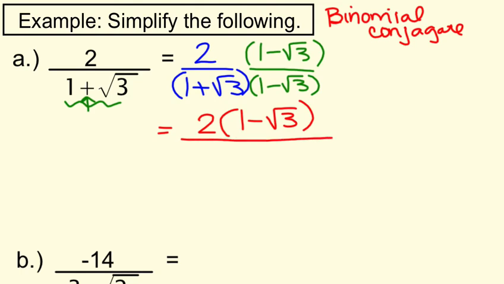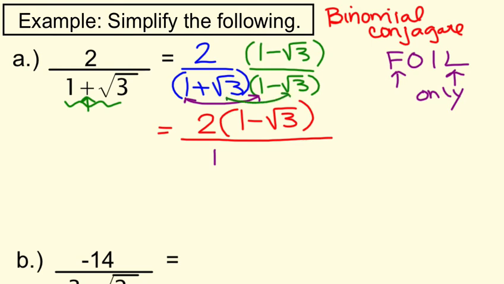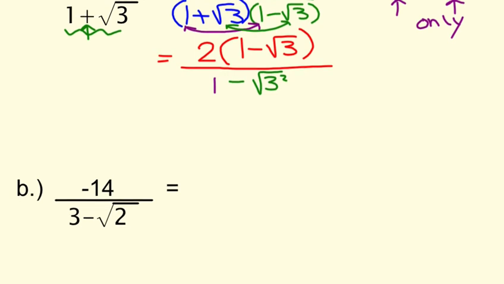Now we get to use our fun cheater FOIL. Cheater FOIL says that when you take conjugates, you only have to worry about the first and the last only, because the middle terms will cancel out when you multiply by a conjugate. So first is 1 times 1 is 1. And then square root of 3 times negative square root of 3 is negative square root of 3 squared. All right, numerator, I'm just leaving alone. Head down to the denominator.